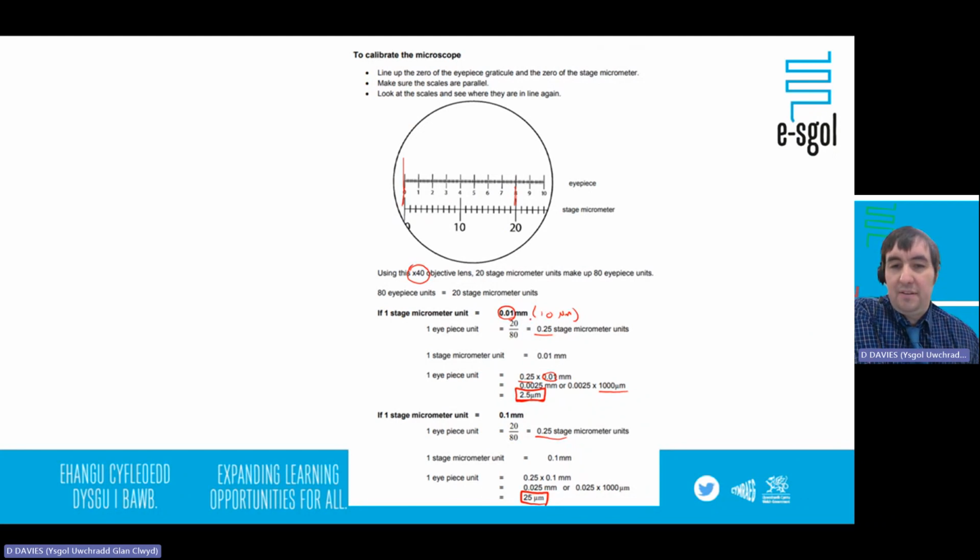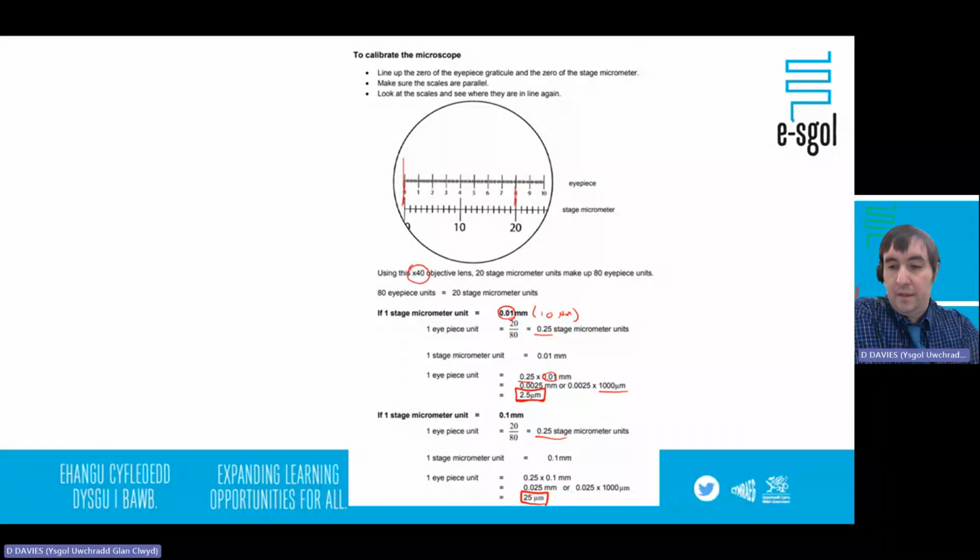If this stage micrometer is 10 times that one, then we're going to be 10 times bigger. So with this stage micrometer, you need to line them up like that. So it's the stage micrometer units divided by the eyepiece units, and then multiply by how much each division is worth on your stage micrometer, and that will get you your value.